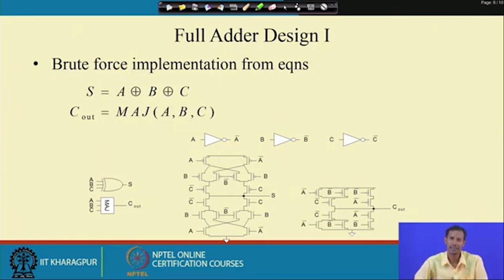So, obviously, I will get area and power consumption benefits.